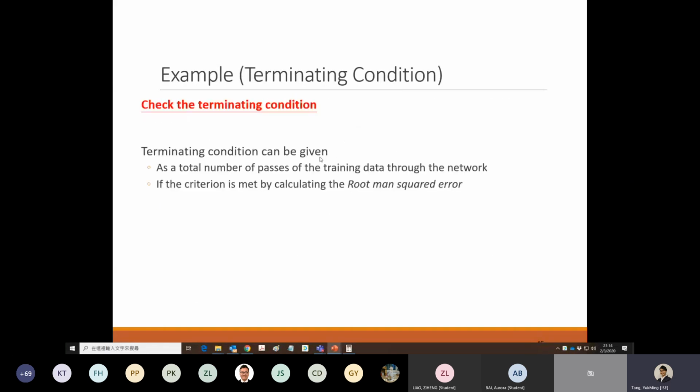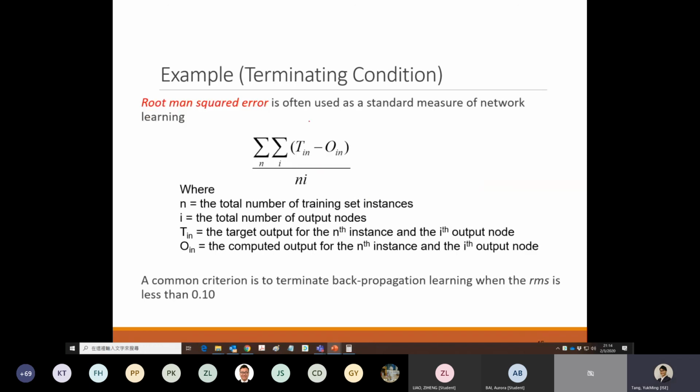Okay. So usually, in order to terminate the learning process, we calculate the root mean square error, because we have many sets of data. Remember that we have 70% of the training set data.